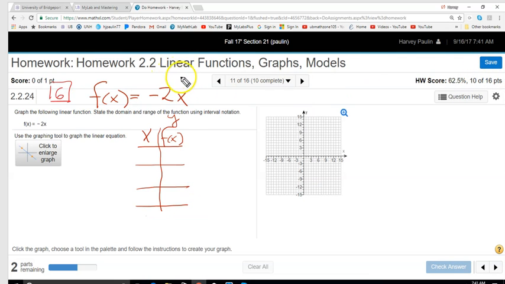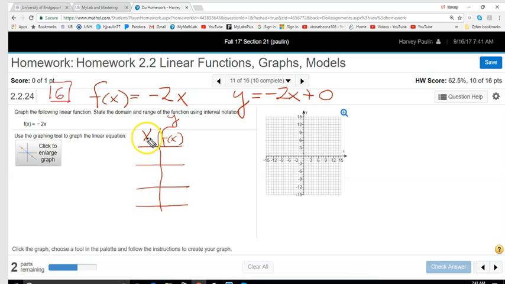Now, as we do this one, again, it's in function notation. We could change it to regular graphing notation, y equals negative 2x. Since there's nothing in the B position here, that's just a 0.